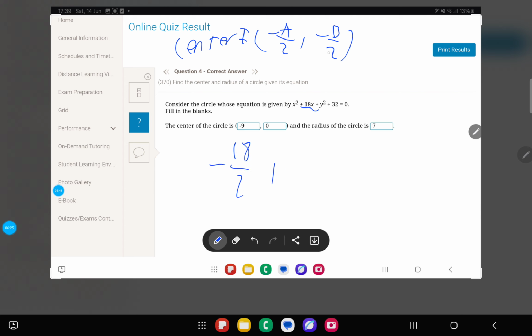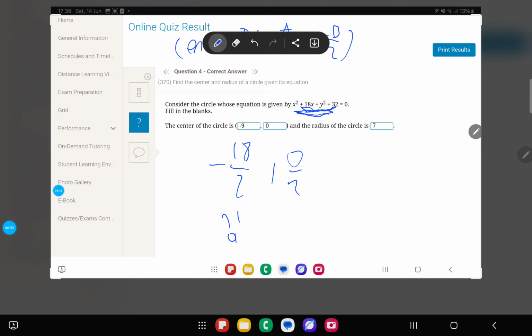And where is b? We don't have a coefficient of y, which is b in this case, which means it's 0, so 0 over 2. Negative 18 over 2 is negative 9, and 0 over 2 is 0, so the center is negative 9, 0. That's exactly it.